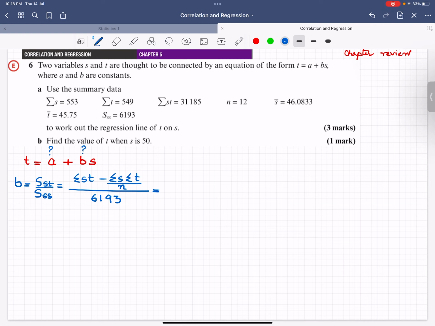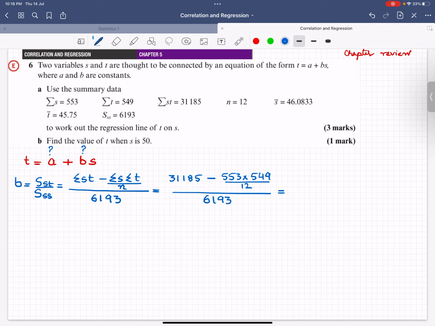Sigma st was 31,185 minus sigma s, which is 553, multiplied by sigma t, which is 549, divided by 12, and all of that divided by 6193.